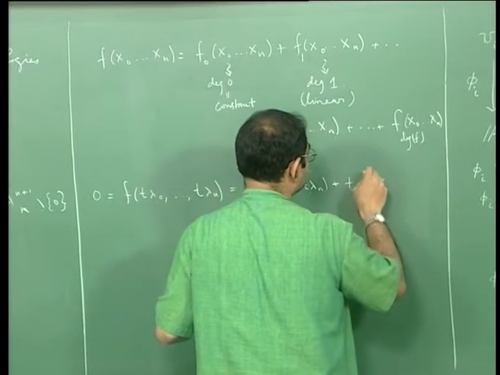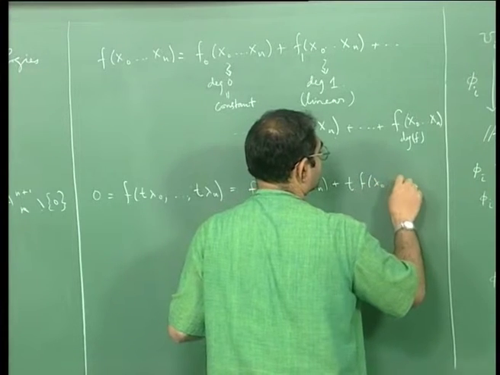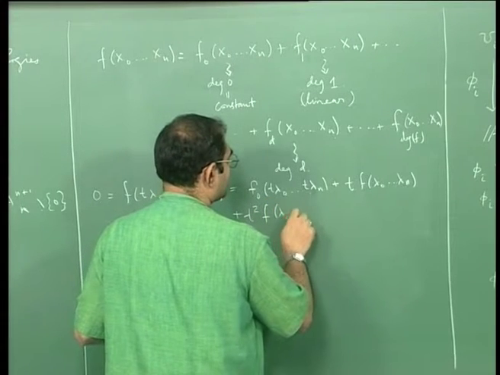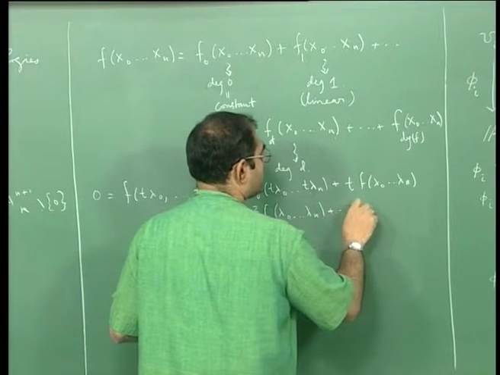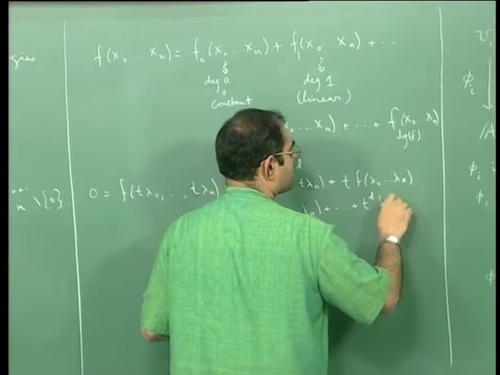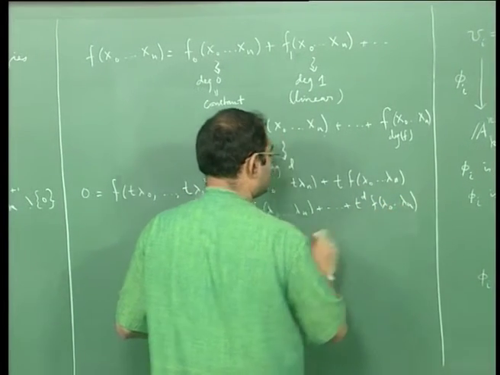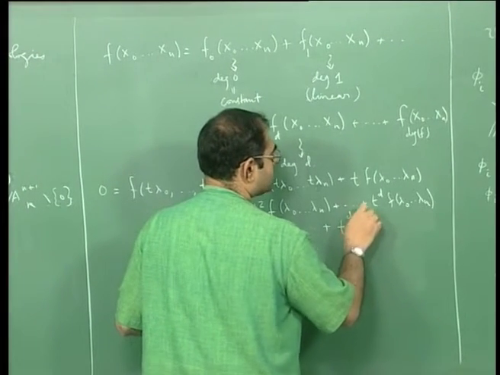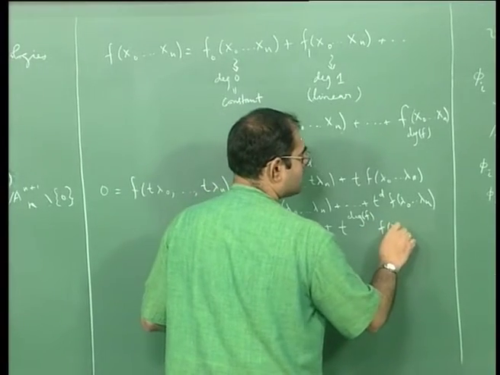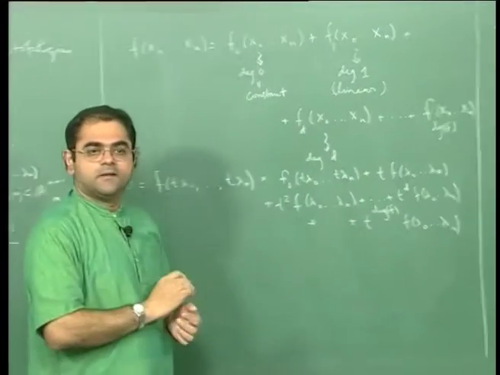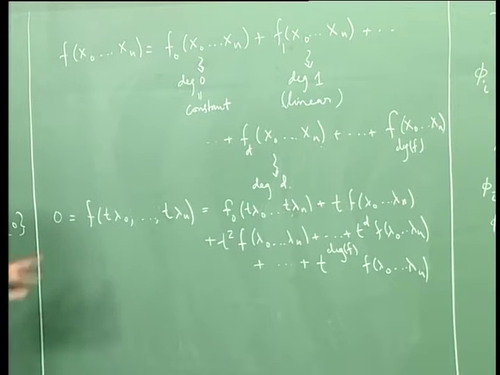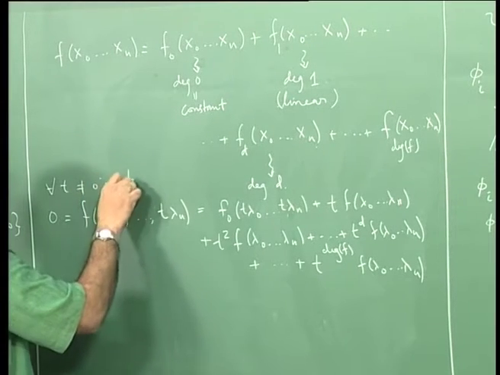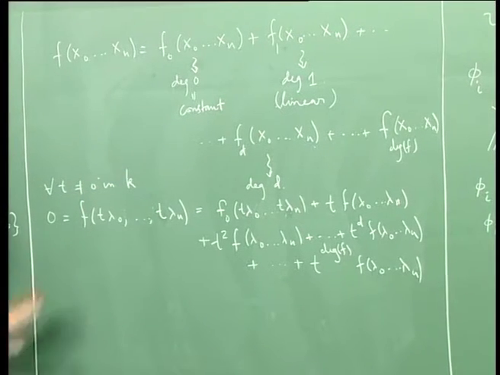So the expression will look like t times f of lambda naught etc. lambda n plus t squared f of lambda naught etc. lambda n, and so on, t to the d f of lambda naught etc. lambda n, plus so on, up to t power degree f times f of lambda naught etc. lambda n. You get this for every t not equal to 0 in the field.